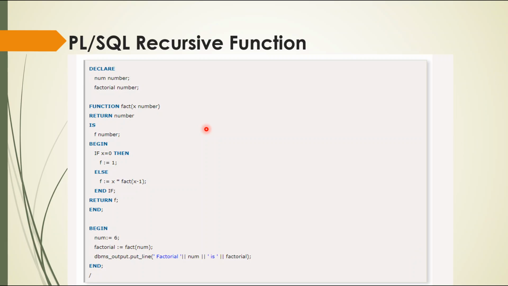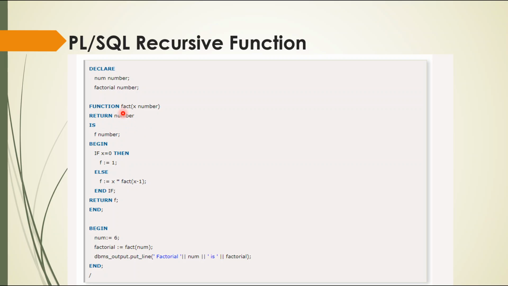See here, in the declare section, num is my variable and number is my data type. Factorial's data type is number. Now the function is factorial, and here I pass one value x. Suppose I pass 5, then it will calculate the factorial of 5. If I pass 3, then it will calculate the factorial of 3.